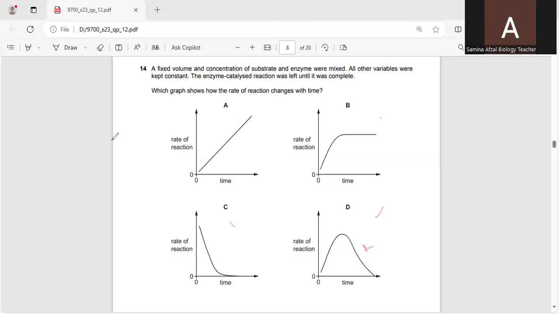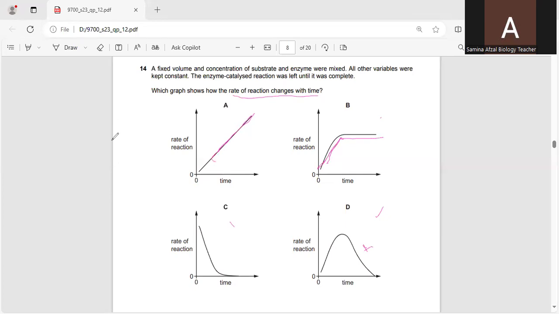The rate of reaction and time, they are directly proportional to each other. When the time is increasing, the rate of reaction is also increasing, but it becomes smooth after it.